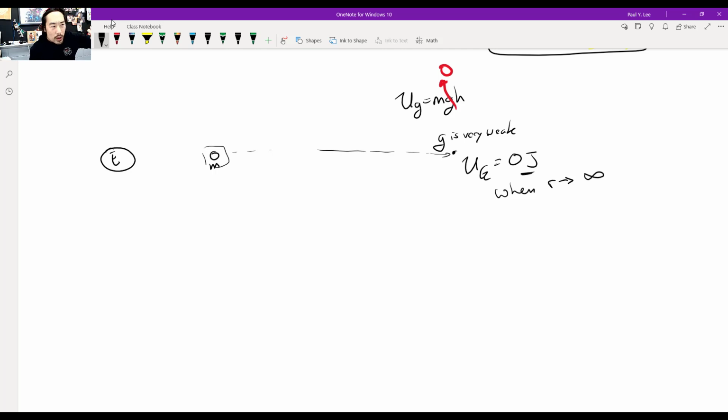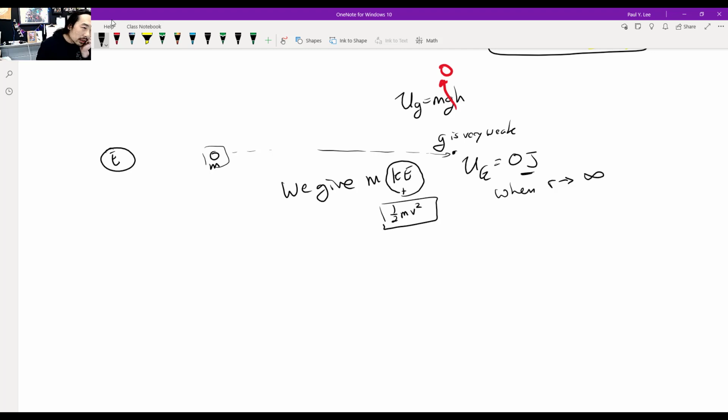So when we make the moon go super far away, we are giving the moon kinetic energy. We also discussed that kinetic energy can only be positive because in 1/2 mv squared, the velocity squared will always give us a positive value.